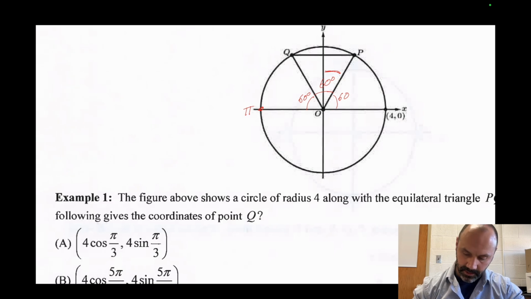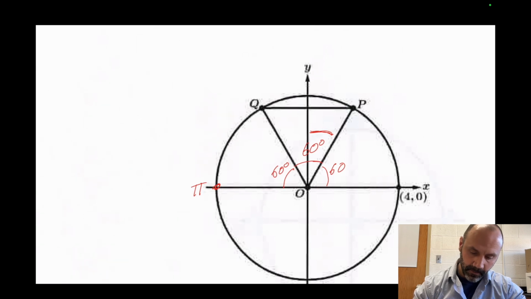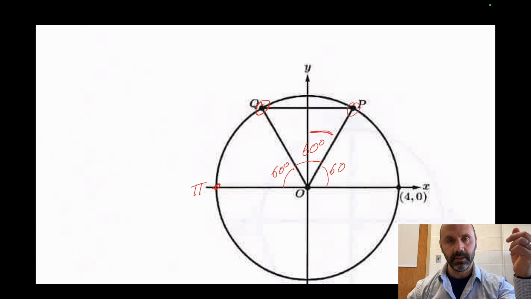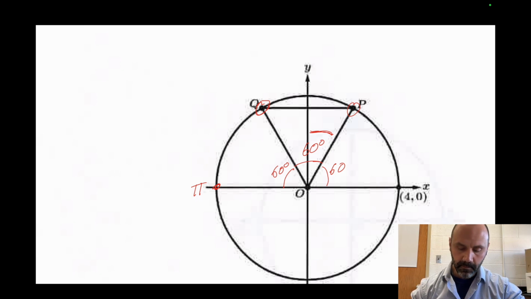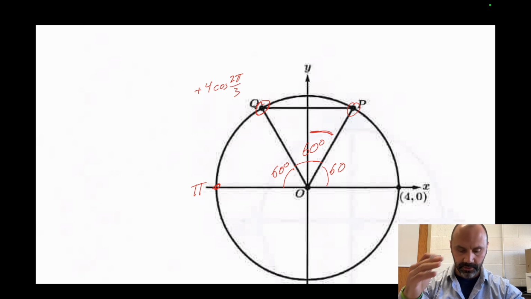So which of the following gives the coordinates of Q? Well, Q is going to be the same as P, except it's going to have a negative x coordinate. So this is going to be negative 4 cosine of, I guess it would be positive 2 pi over 3, because it's 2/3 of the way around.